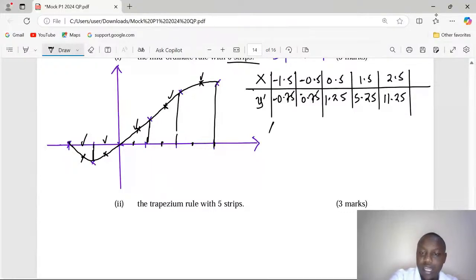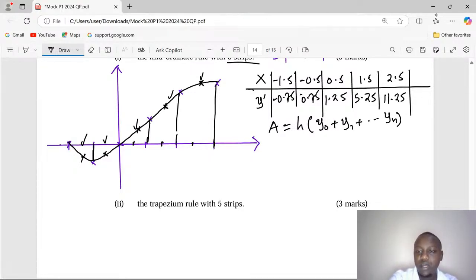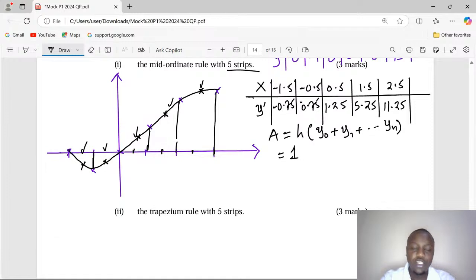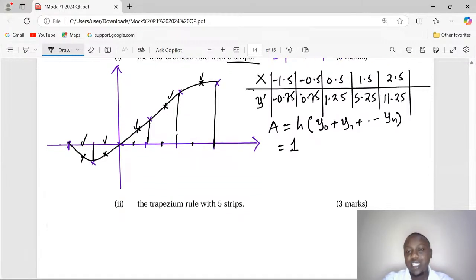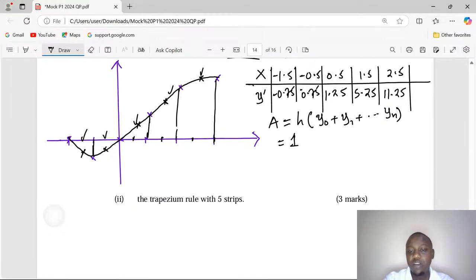So area is usually given by h multiplied by the first y plus the second one, and we continue adding all the way to the last one. The h is the interval from one height to the other, and according to the x, the intervals are just 1 unit each.